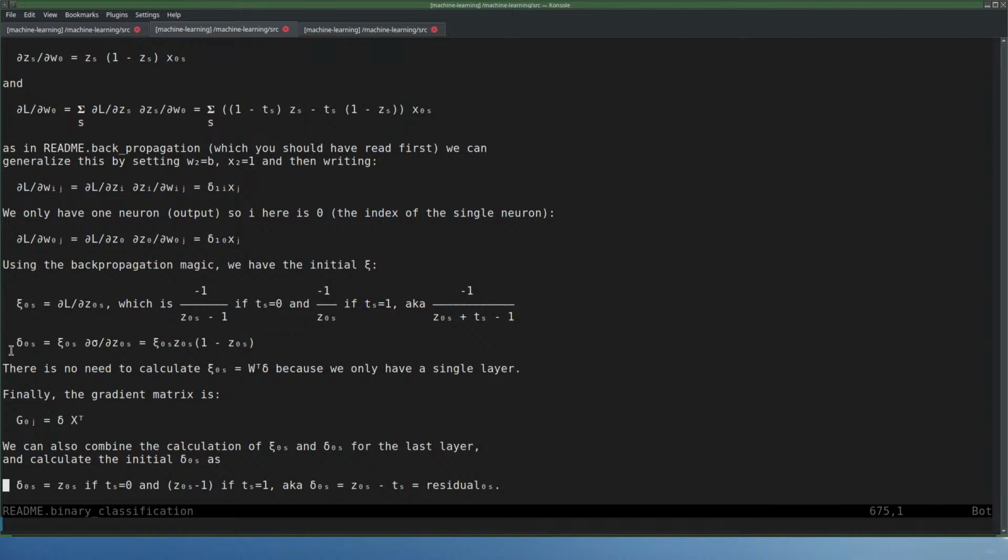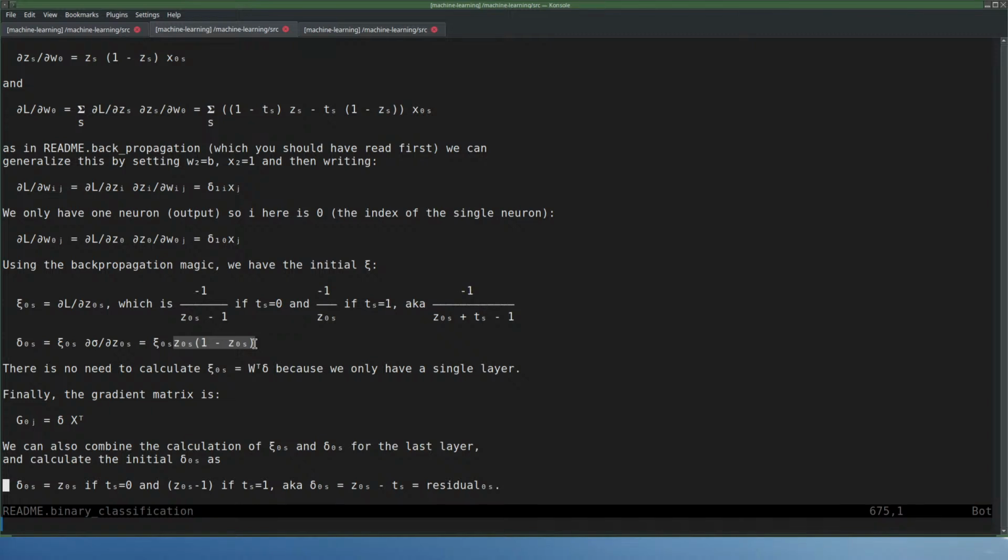The reason is that it actually comes from this. Where this is the derivative of the sigmoid with an output of z. Happens to be z times 1 minus z. So the output of the sigmoid is z.